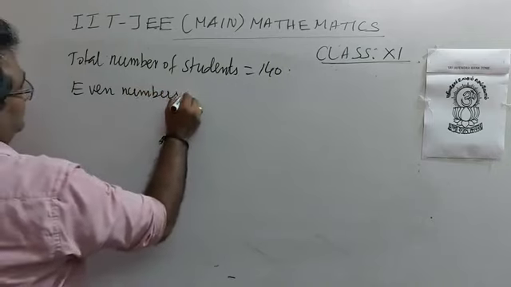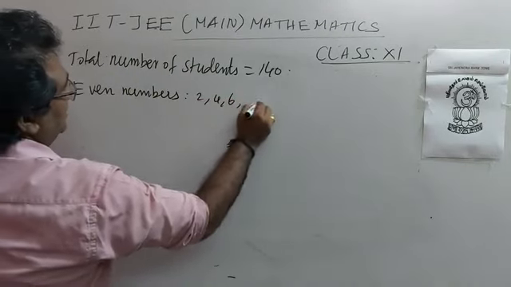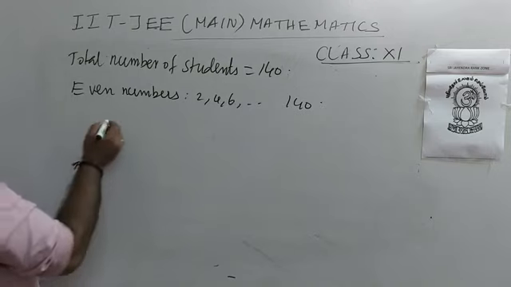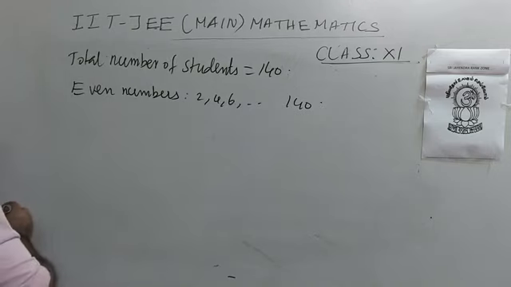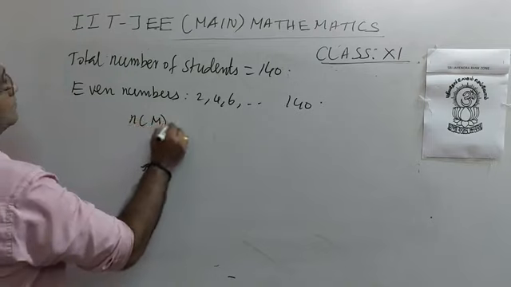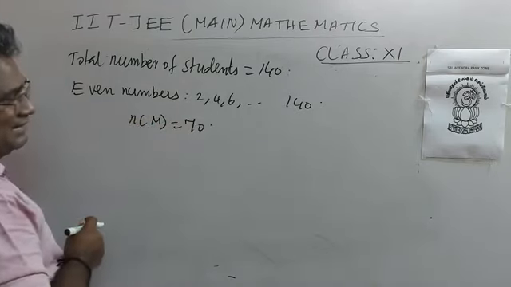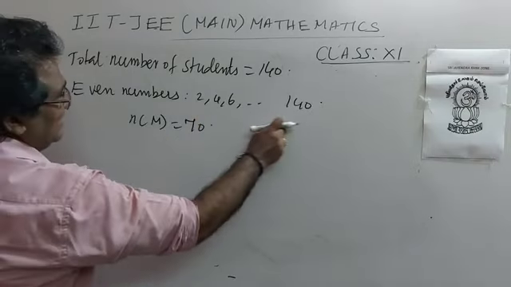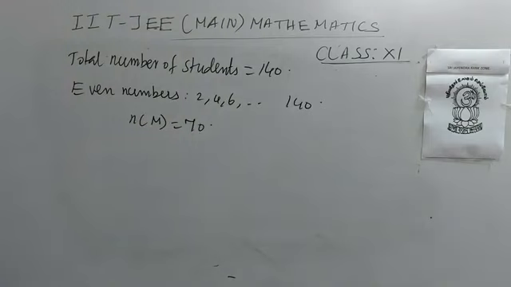Even numbers 2, 4, 6 up to 140. So n of M, that is 70. M means mathematics course. There are 70 even numbers.